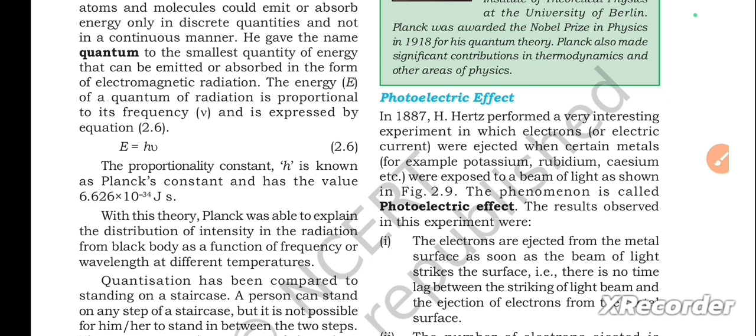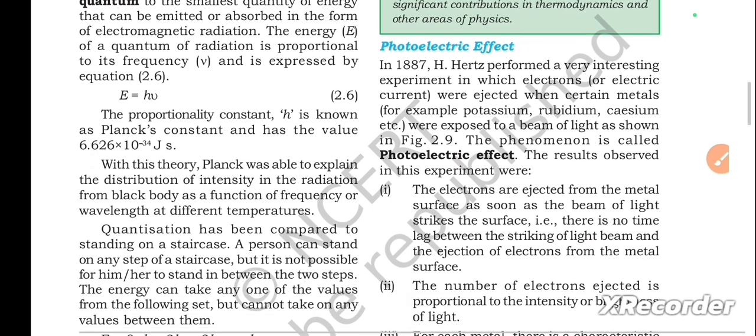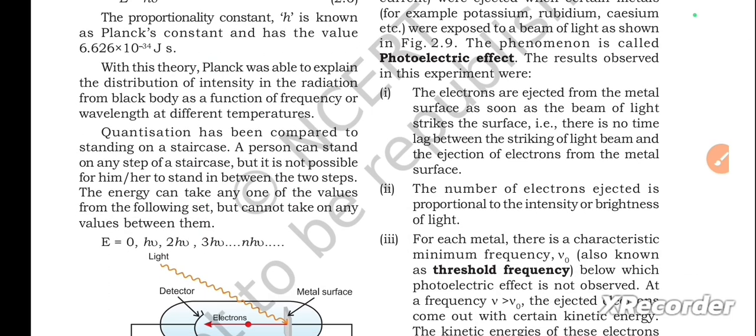The results observed in these experiments were: first, the electrons are ejected from the metal surface as soon as the beam of light strikes the surface. That is, there is no time lag between the striking of light beam and the ejection of electrons from the metal surface. Second, the number of electrons ejected is proportional to the intensity or brightness of light.